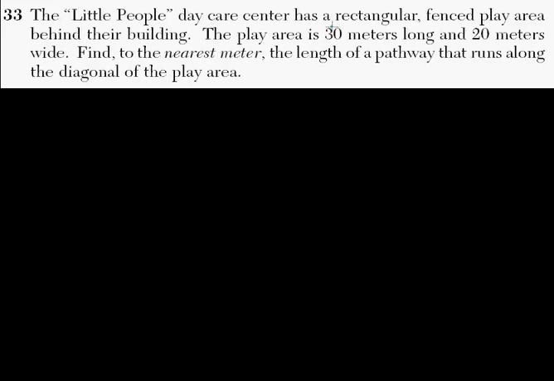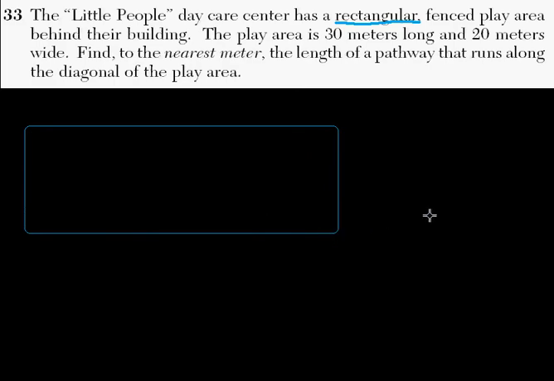So the key words here are a rectangular area. So our area is a rectangle. Let's draw a rectangle. There it is. Okay, and it says it's 30 meters long, so we'll take the longer side and just call that 30 meters, and it's 20 meters wide.